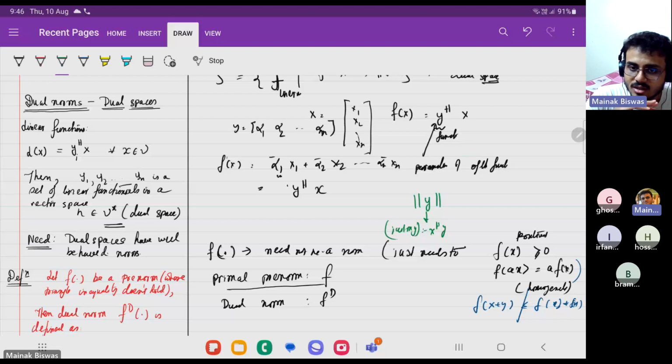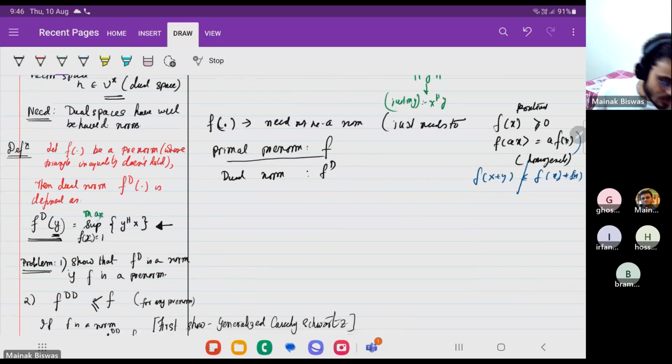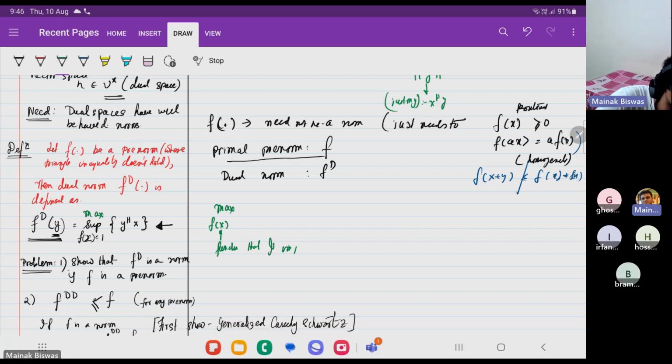Do you get it? So how will I get it? It will be the max over all functions such that the norm is equal to 1. Slowly let this seep in. So the max over all x; remember, these x are functions that I impose on y.